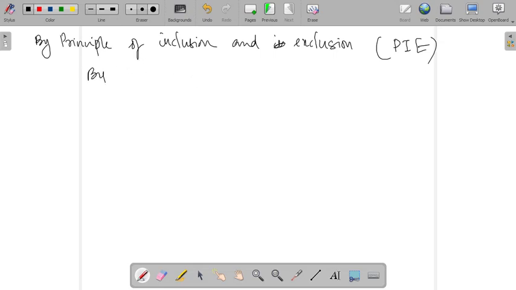So by the principle of inclusion and exclusion, the cardinality of B2 union B3 union B5 will be equal to, so let us look at the value.